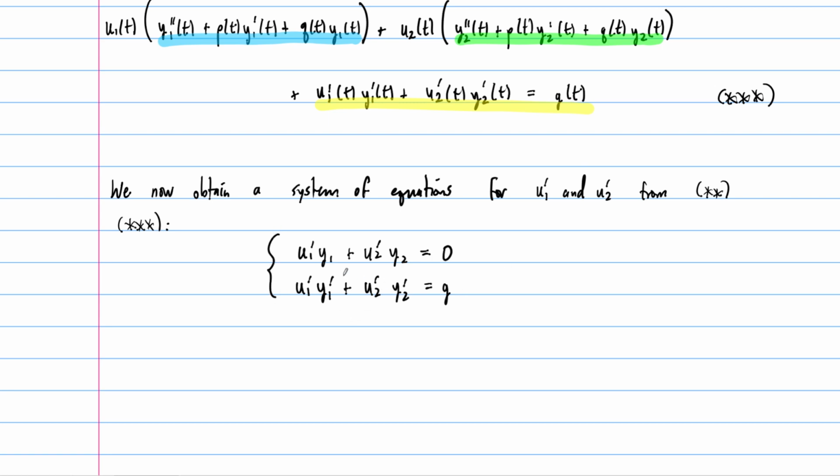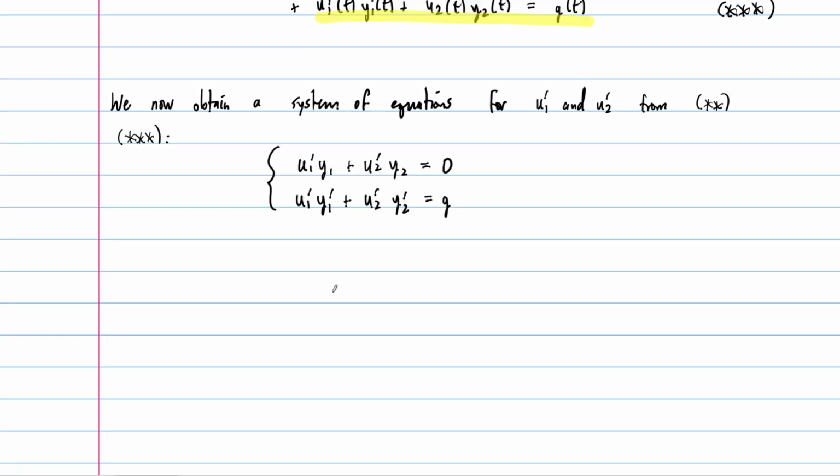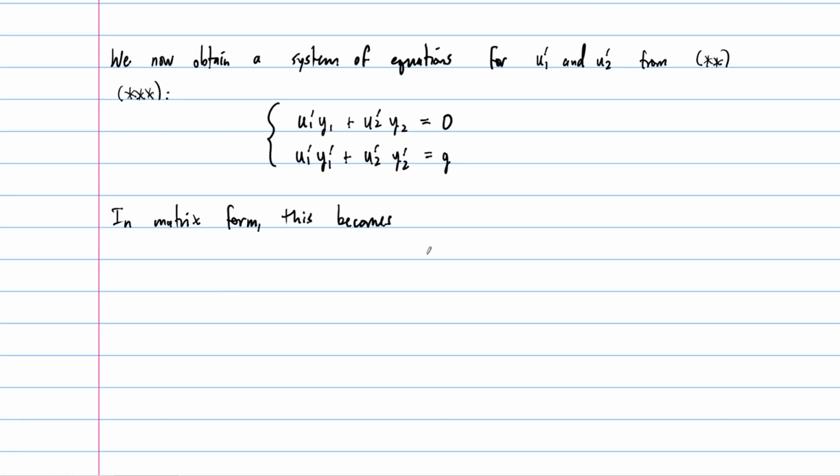But we can write this as a formal matrix equation. In matrix form, notice that the unknowns are u1 prime and u2 prime, and the coefficients are y1, y2, y1 prime, y2 prime.